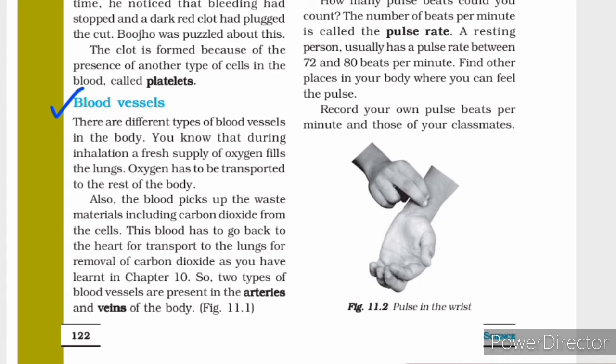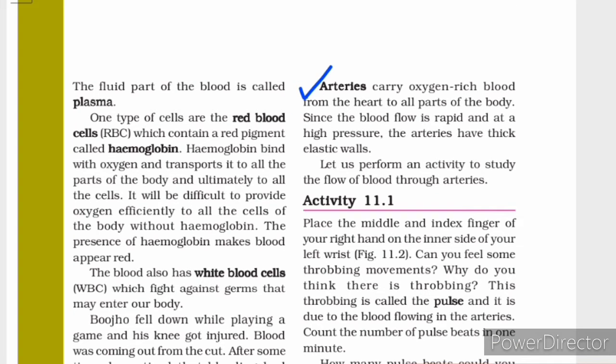So, two types of blood vessels are present in the body: arteries and veins. Arteries carry oxygen rich blood from the heart to all parts of the body. Since the blood flow is rapid and at a high pressure, the arteries have thick elastic walls.